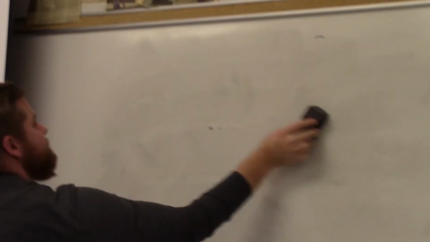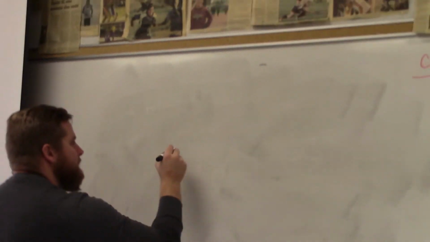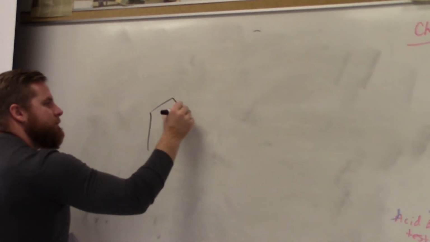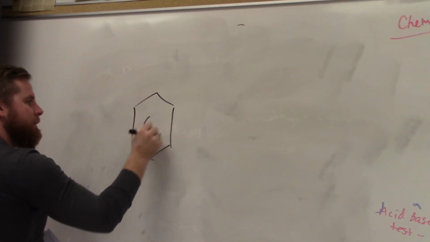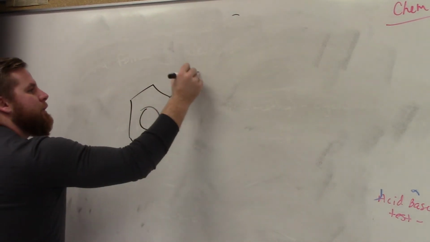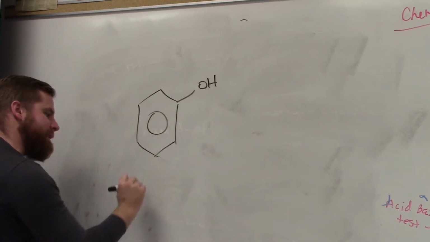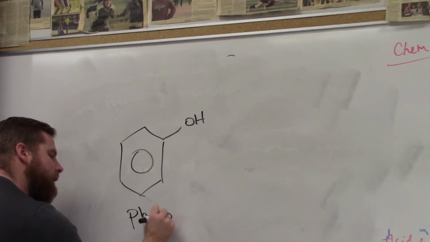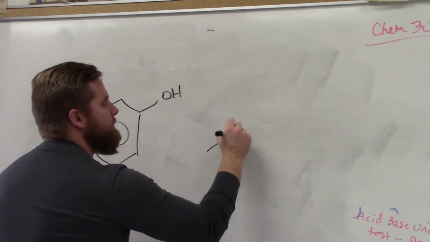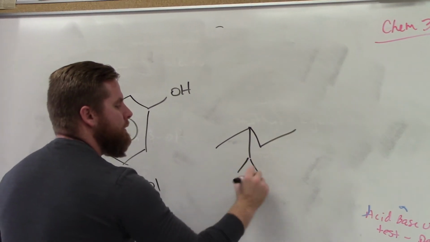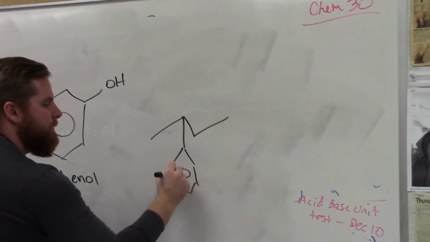But if I have a benzene ring that looks like this, okay? With a hydroxide group, that's no longer called benzene, that's called phenol. So don't confuse that with this as a side branch.